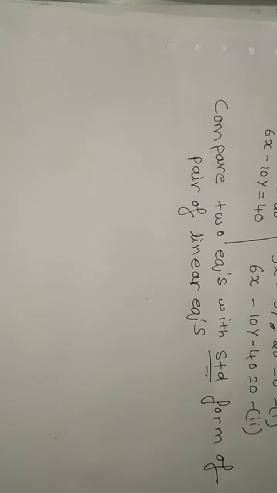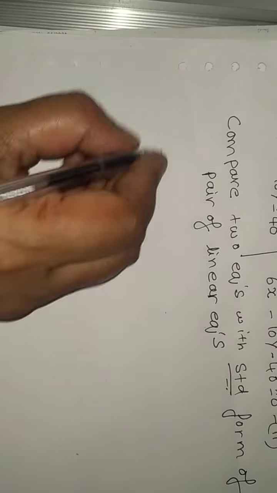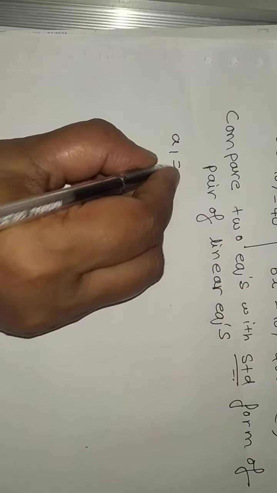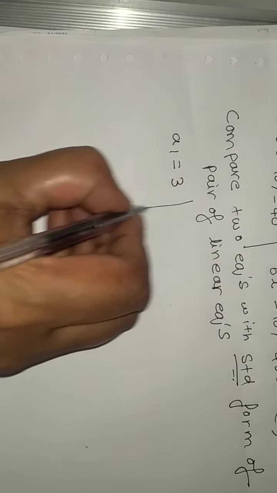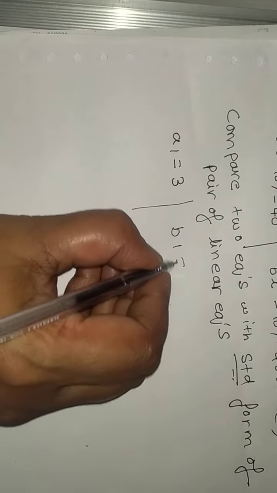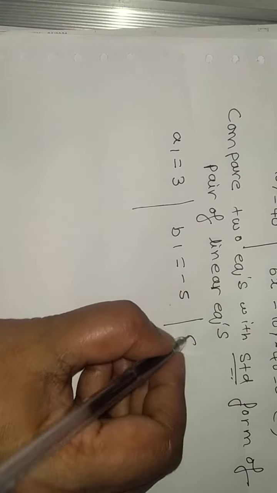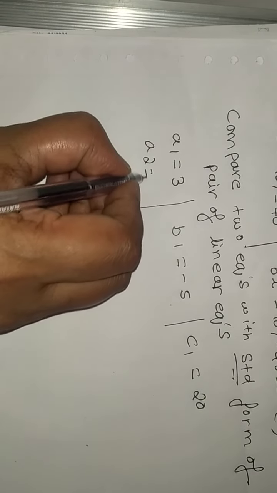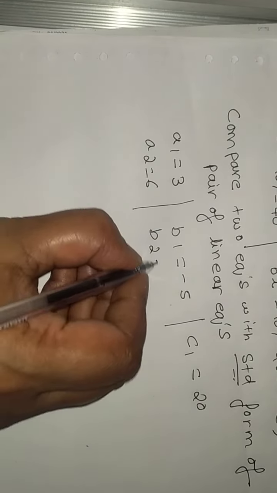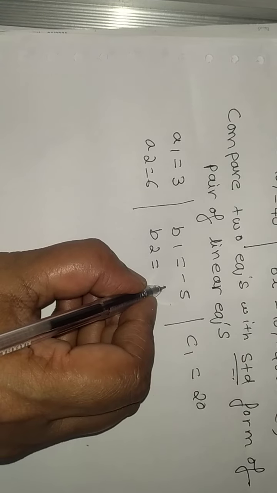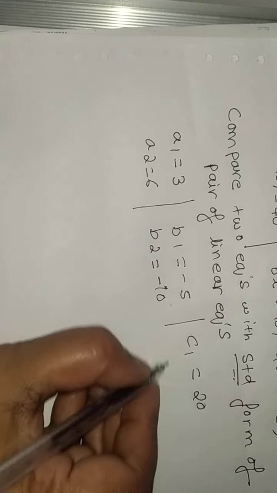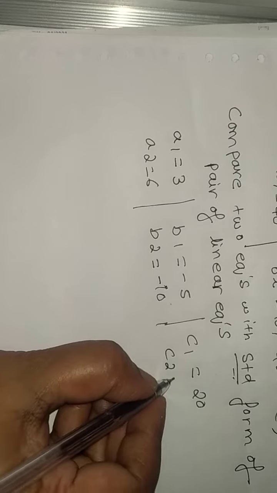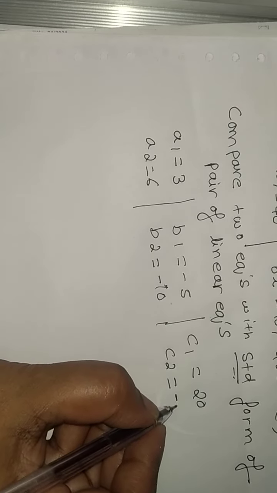We have to just write a1, same thing as we did for the first two. a1 is 3, b1 is minus 5, c1 is equal to minus 20, a2 is 6, b2 is equal to minus 10, and c2 is equal to how much? Minus 40.